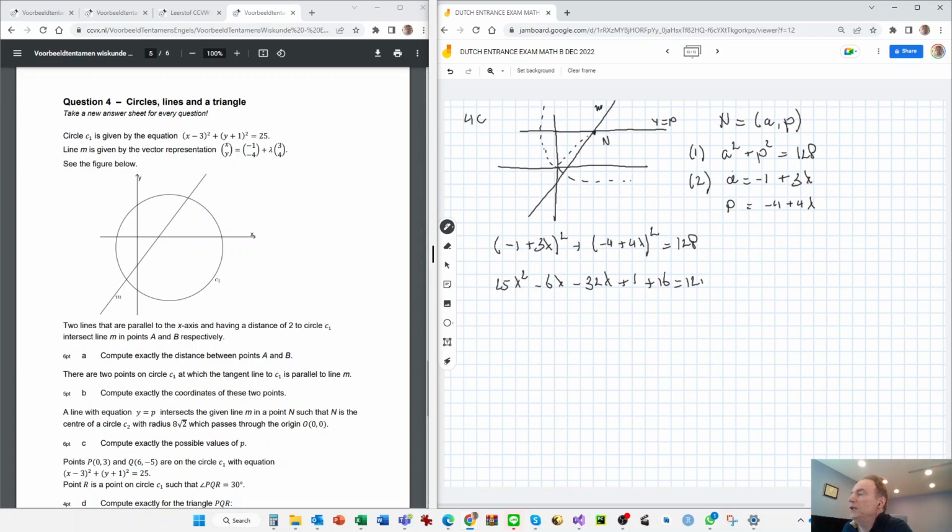It's 128. So we get 25 lambda squared minus 38 lambda plus 17 minus 128, so minus 111 is 0.